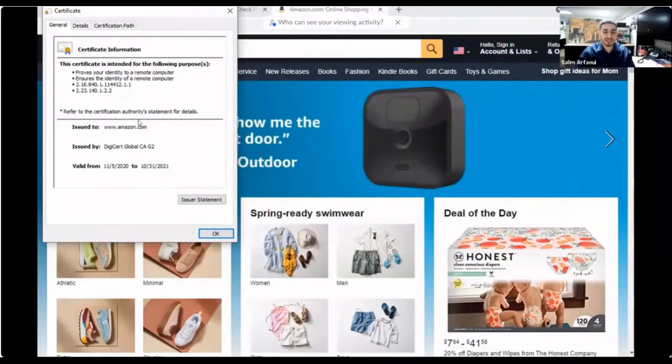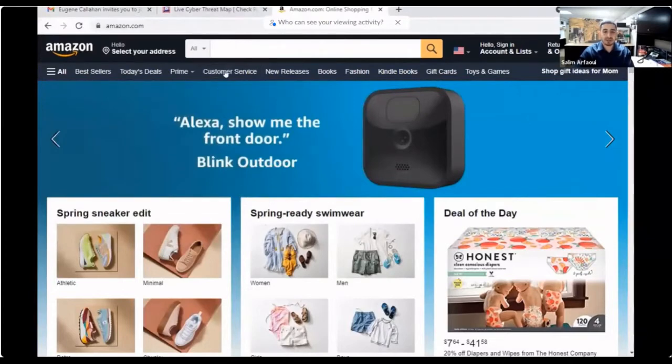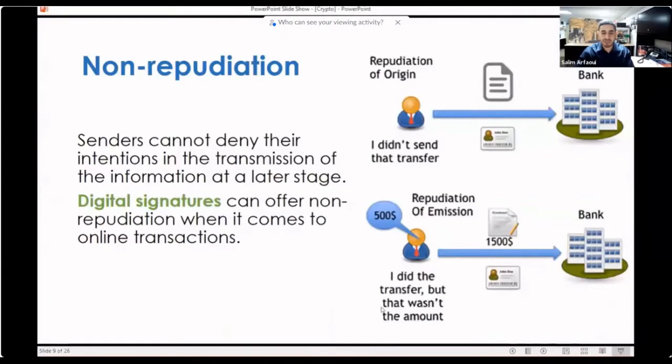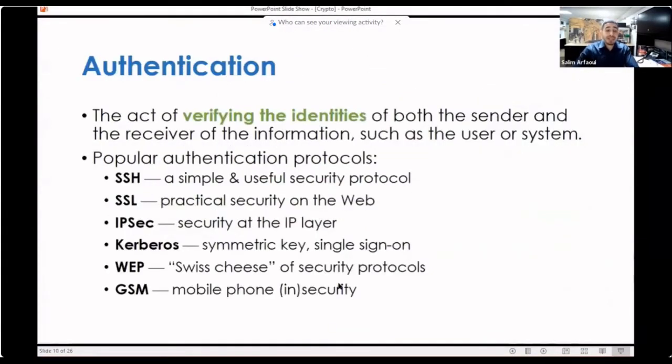So that's a digital certificate. And usually, hash functions are used to generate digital certificates.